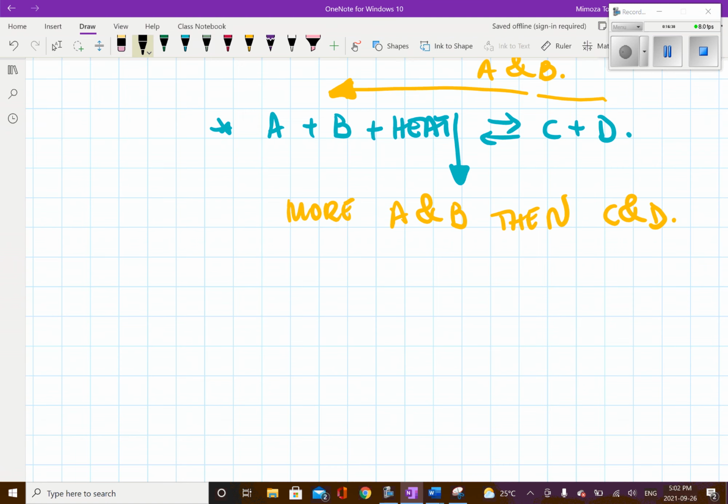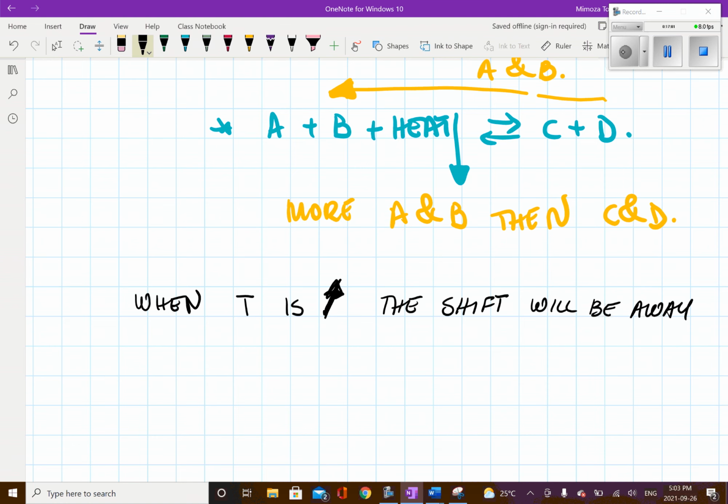When the temperature is increased, the shift will be away from the side with the heat term.